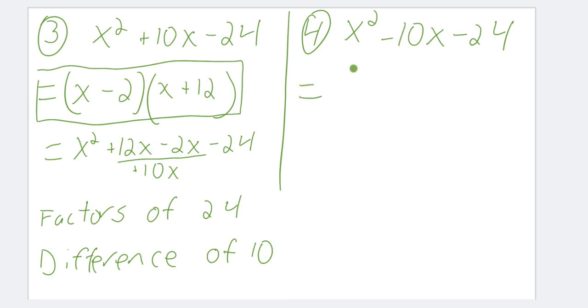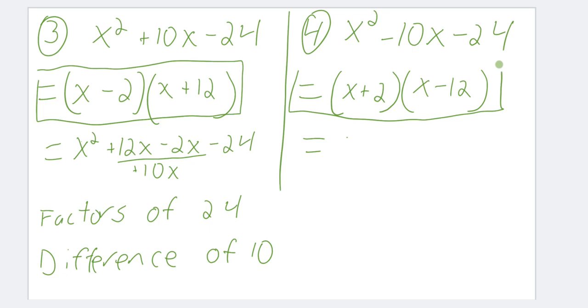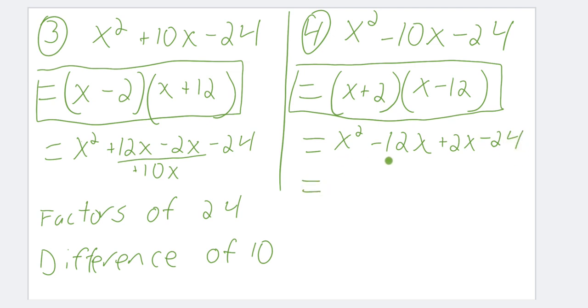All right, and then to get a negative 10x, all you got to do is switch up what's positive and what's negative. So we'll go x plus 2 times x minus 12. Again, that's your answer right there. Right there, that'll give you your negative 10x.